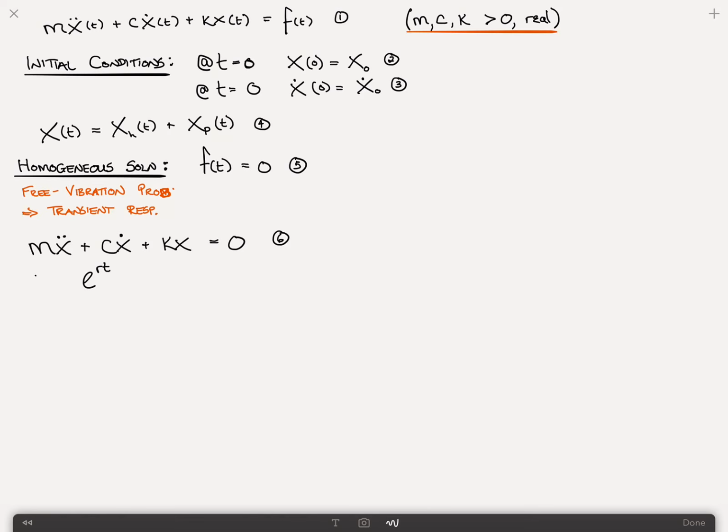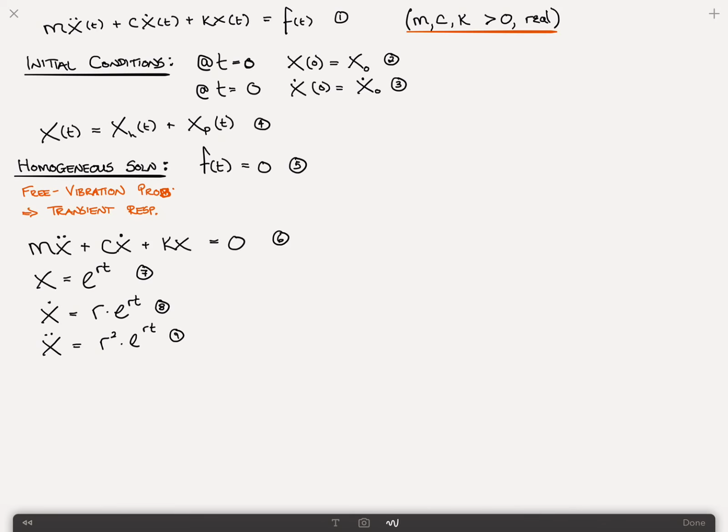What do I mean by that? So x equals e to the rt, we'll call that equation 7. The derivative x dot is equal to r times e to the rt, equation 8. And the second time derivative x double dot is equal to r squared times e to the rt. We'll call that 9.